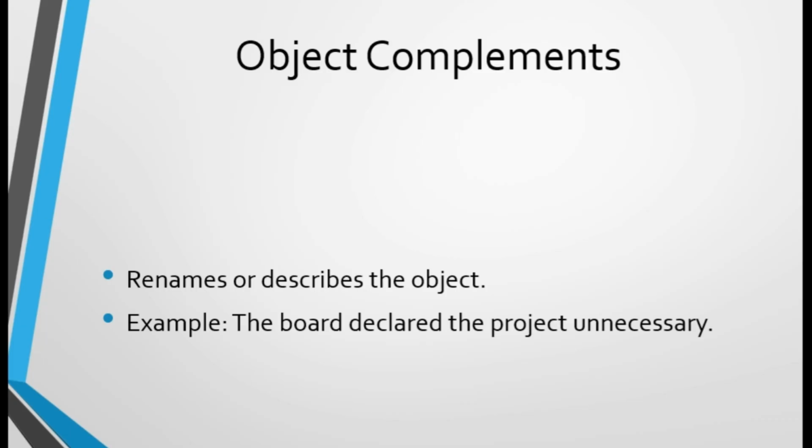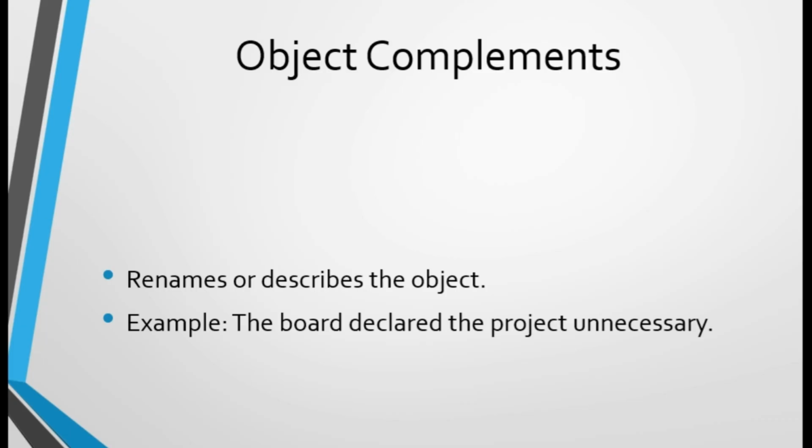If we look at the sentence we have here, the board is the subject, and declared is the verb. Keep in mind that it's an action verb. That's why it's followed by a direct object, which is project, and then it's followed by an adjective.